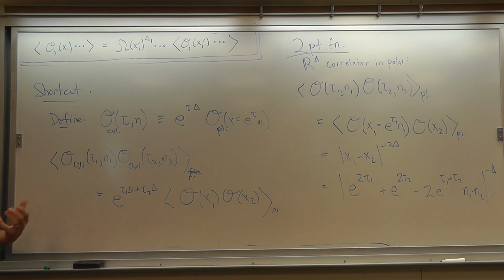And sometimes people are thinking of it as actually being in the theory on the cylinder. Sometimes they're thinking of it as being in the theory on the plane, but defined this way. And it gets very confusing. People always get the right answer, but the intermediate steps never make any sense. So I'm going to try to be more careful and avoid confusing you like that, but this is what people do, and it's very confusing.